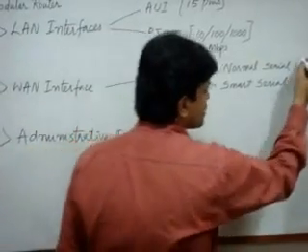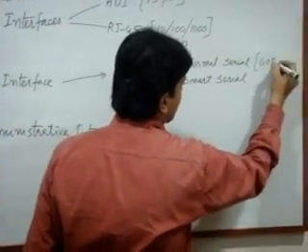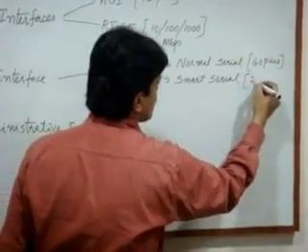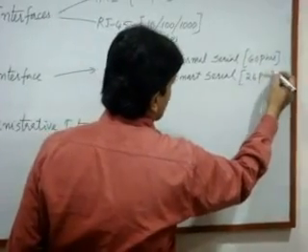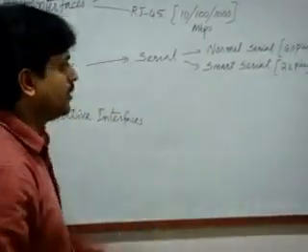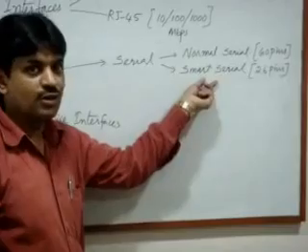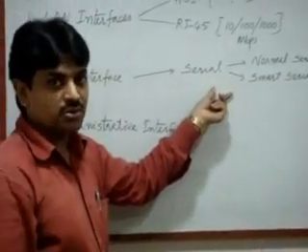The normal serial interface has 60 pins, and the smart serial interface has 26 pins. The function is the same for both; the physical appearance is different. They are used for connecting branch offices or remote locations.